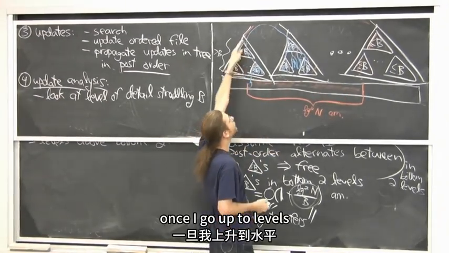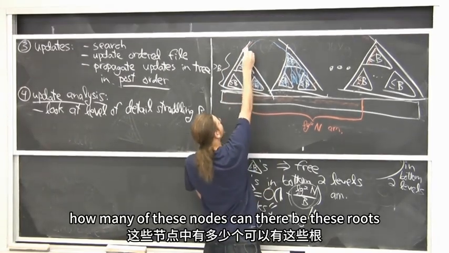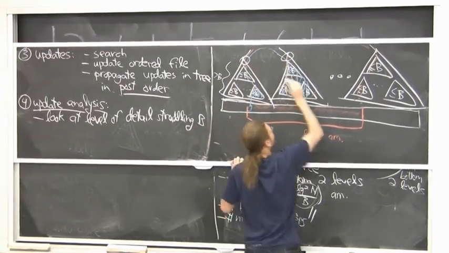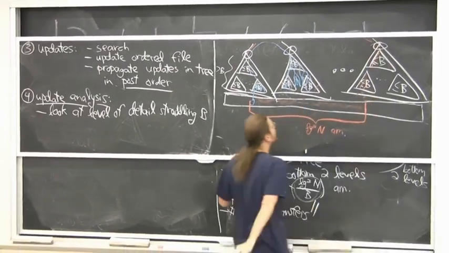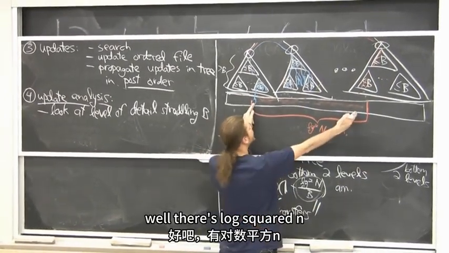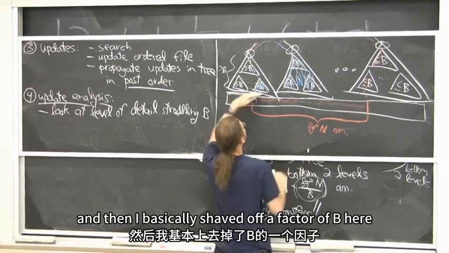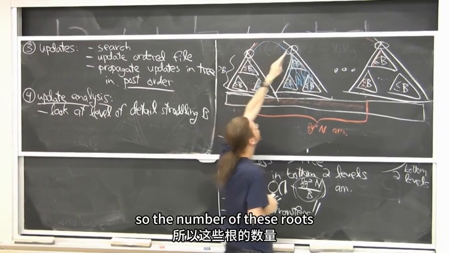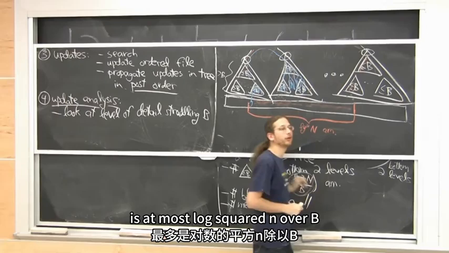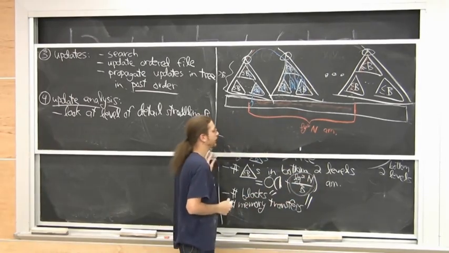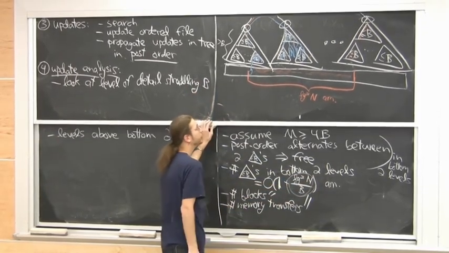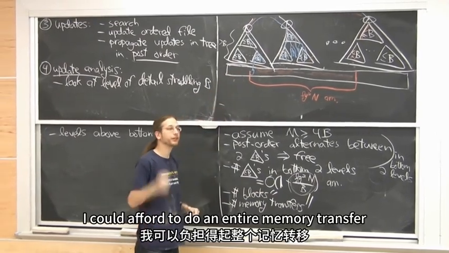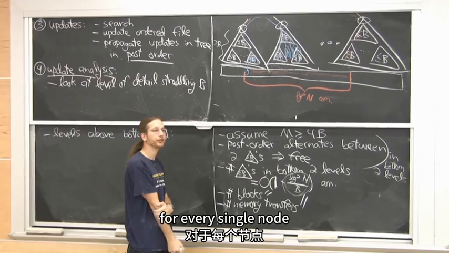Once I go up 2 levels, how many of these nodes can there be? These roots. Well, there's log squared n at the bottom, and then I basically shaved off a factor of b here. So the number of these roots is at most log squared n over b. That's small. For those nodes, I could afford to do an entire memory transfer for every single node.